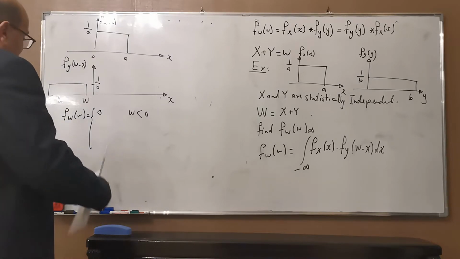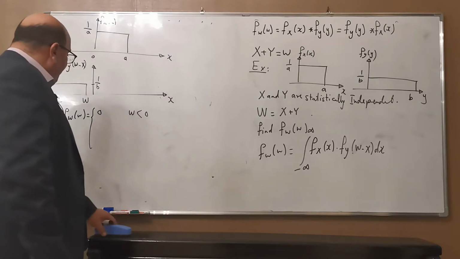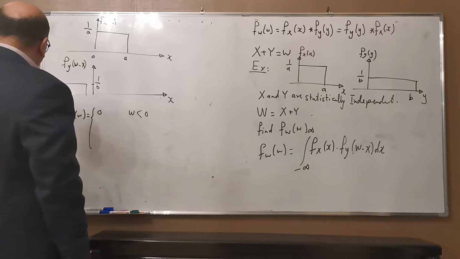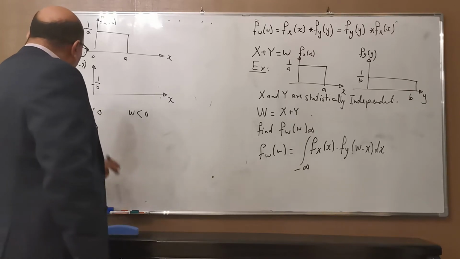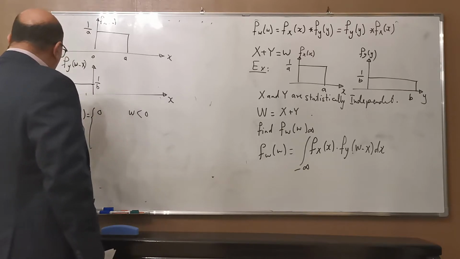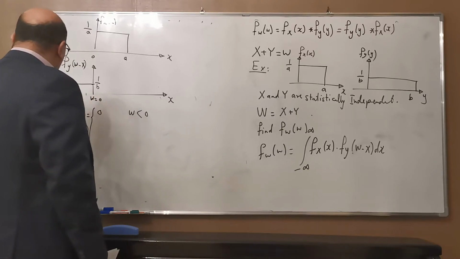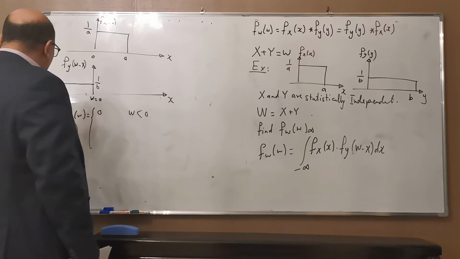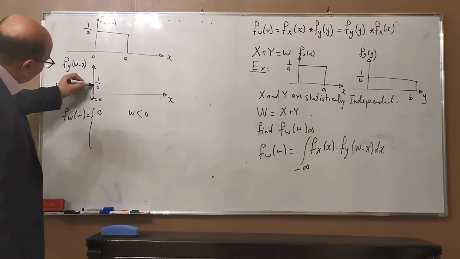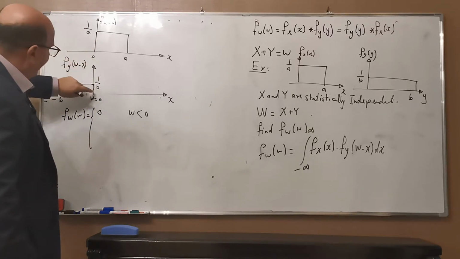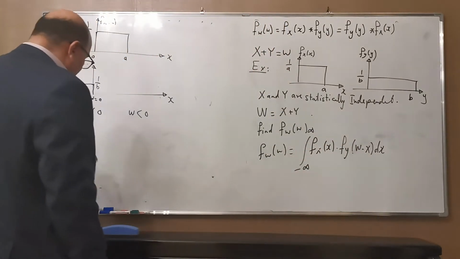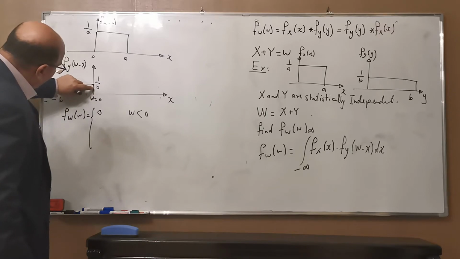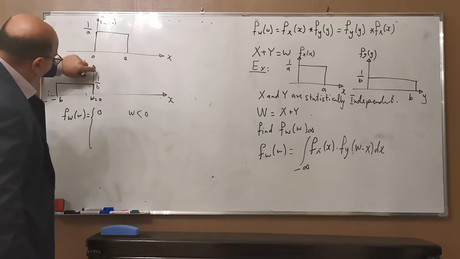Now, if w starts to move, so you move it, and now you have w equals 0 here, and this is minus b. So you will start having an overlap. Now you are doing the multiplication of those two. This is the start of having an overlap of those two.